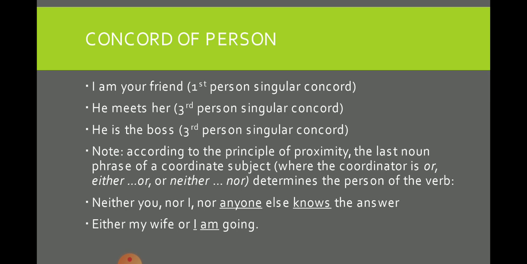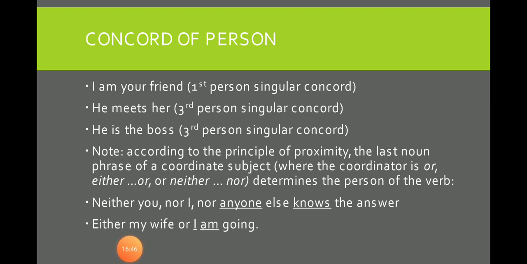Why she is, he is? We know that am is a singular verb, and he and she refer to singular subjects. The same applies here because of the concord of person. He and she are third person pronouns, and am is a first person singular verb.